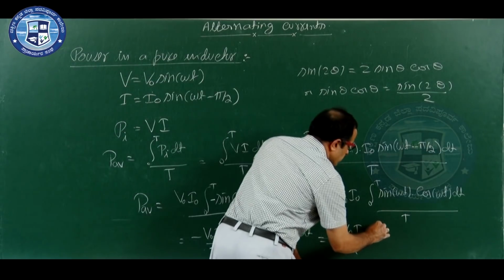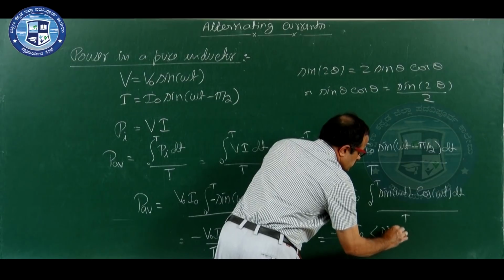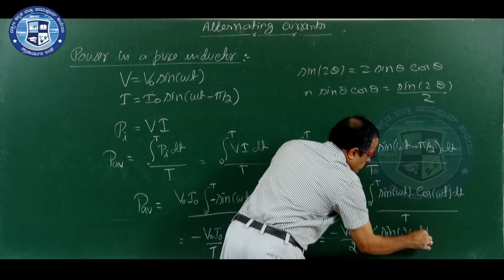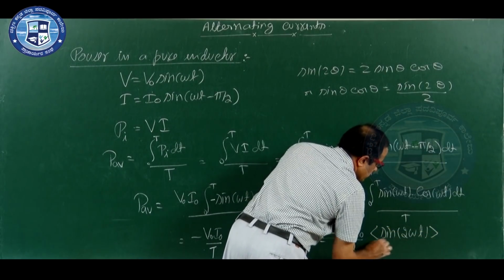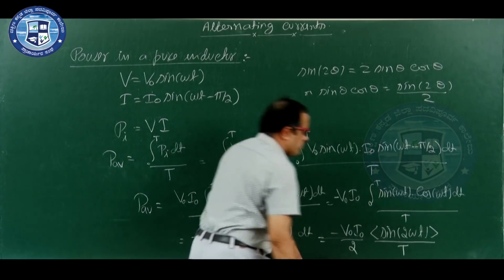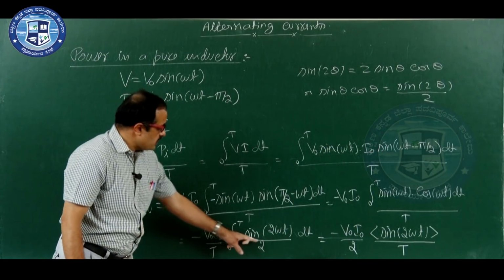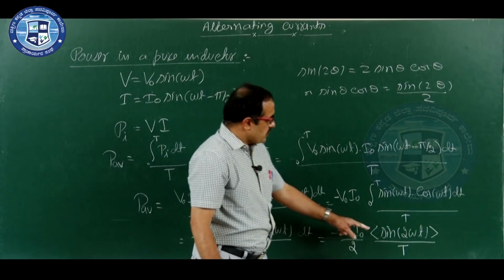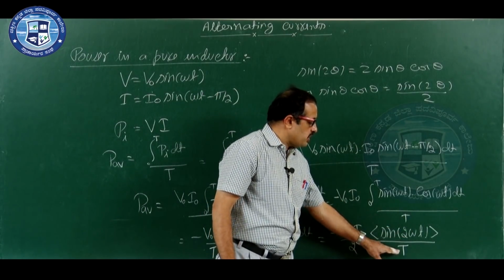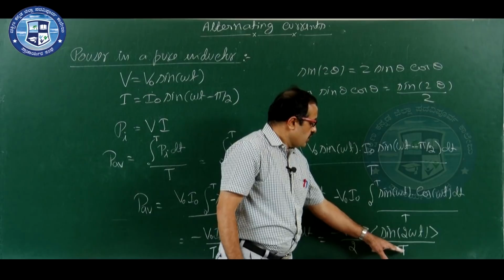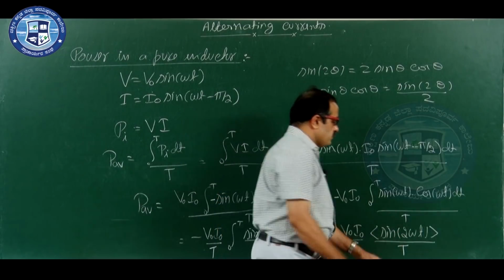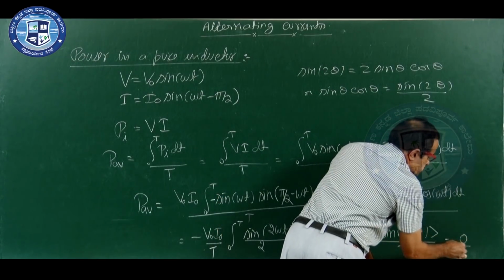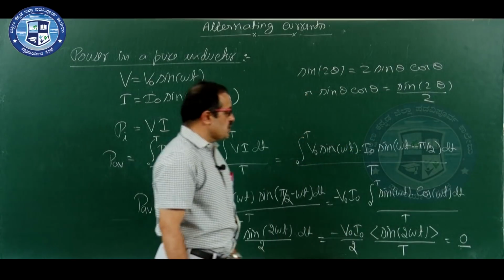It is the average value of sin 2 omega t over the complete cycle T. We know the average value of the sine function over the complete cycle is 0. If this term is 0, then the full product becomes 0.